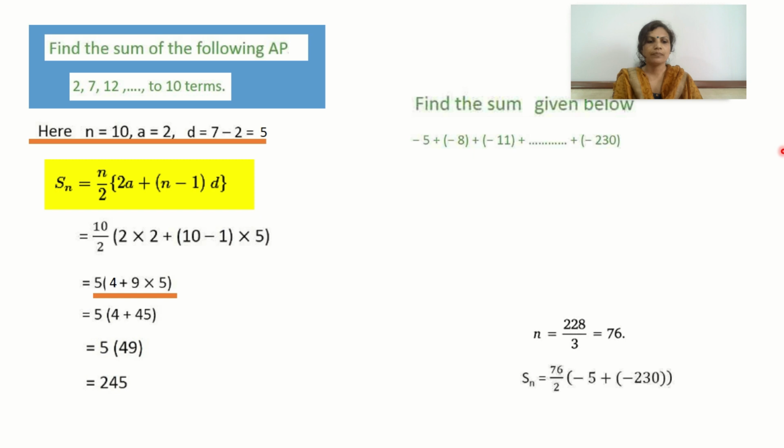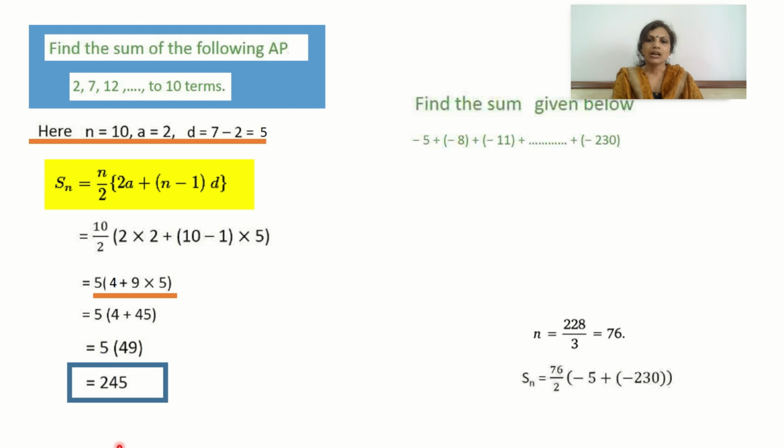So 5 into the bracket 2 twos are 4 plus 10 minus 1 is 9 into 5. Alright, so if you solve it, your answer is 245. So the sum of 10 terms of an AP is 245. The sum is directly based on the formula, and such types of sums may come in the exam, maybe for 1 mark or for 2 marks.